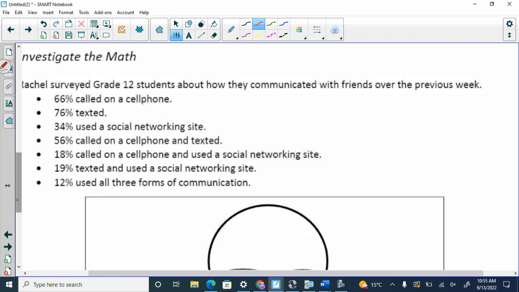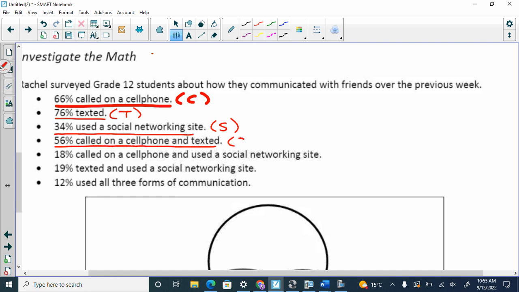So here we have Rachel surveyed grade 12 students about how they communicated with friends over the previous week. 66 called on a cell phone. 76 texted. 36 used social networking site. 56 called on a cell phone and texted. 18 called on a cell phone and used social networking. 19 texted and used social networking.